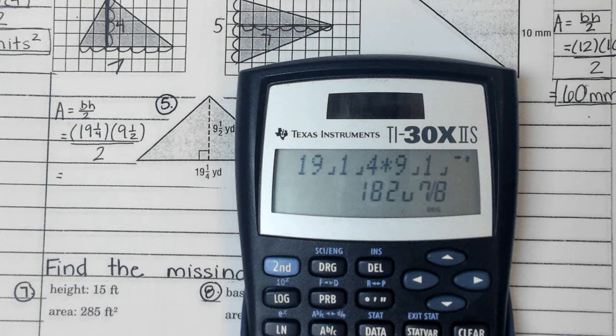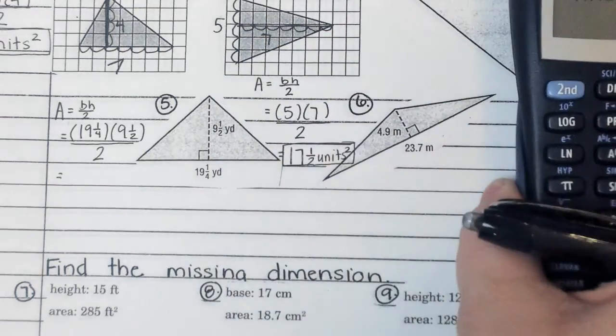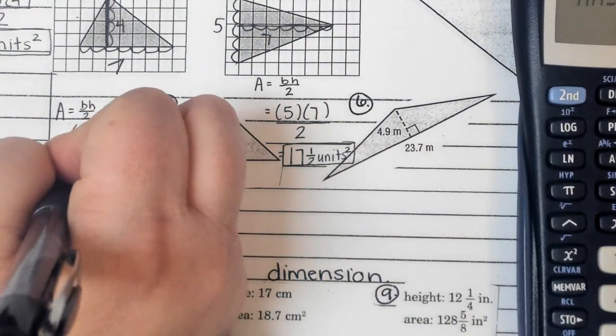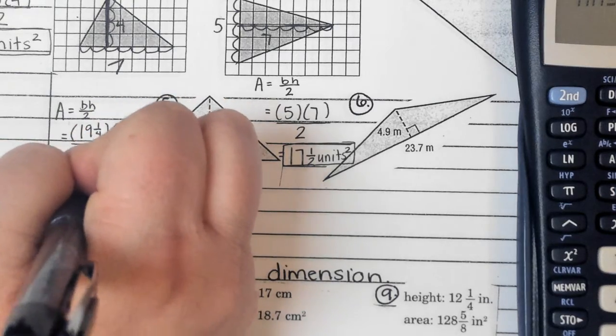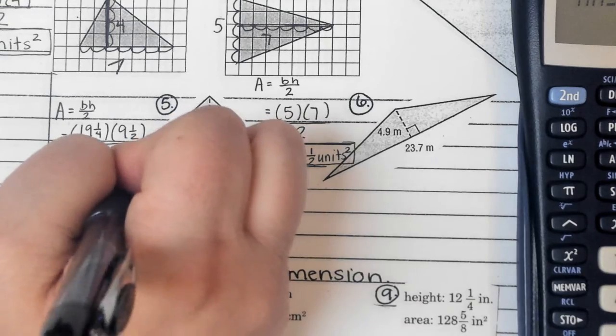Make sure we're able to use that calculator correctly. Okay, now what do I need to do? Divide by 2, and that gives me 91 and 7/16. 91 and 7/16. What? Yards squared.